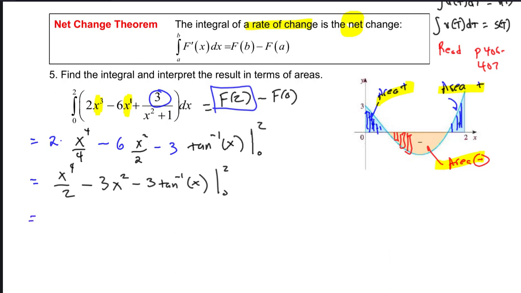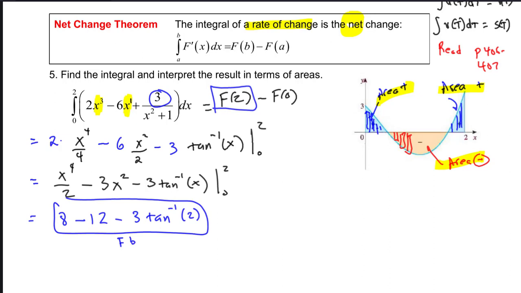So when I plug in 2, I'm going to have 2 to the 4th power, which is 16 divided by 2 is 8. When I plug in 2, 2 squared is 4, times 3 is 12. And when I plug in 2 into the tan inverse, nothing really nice simplifies there. Okay, this is my f of b part of the fundamental theorem.